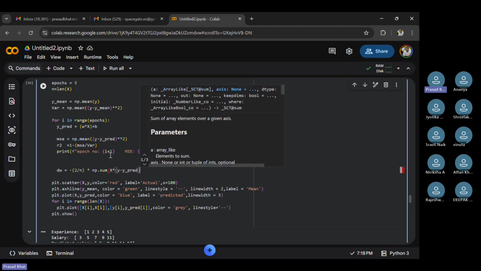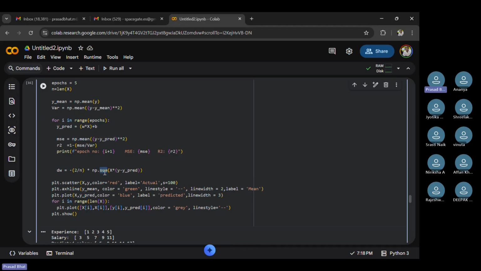Please remember that, right? The summation I replaced with a function. Instead of xi, I have taken the entire data set. This is something to do with Python. We can simply do this, right? Y minus y predicted, individual values get subtracted and then multiplied with x, right? Individual values get multiplied. This is star. Please remember, I'm not using the at operator here, right?